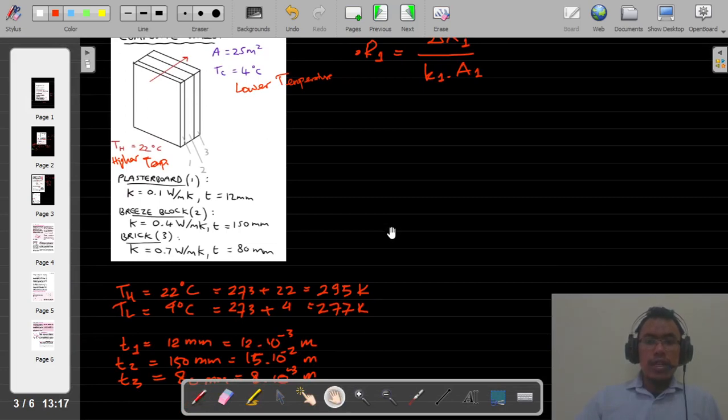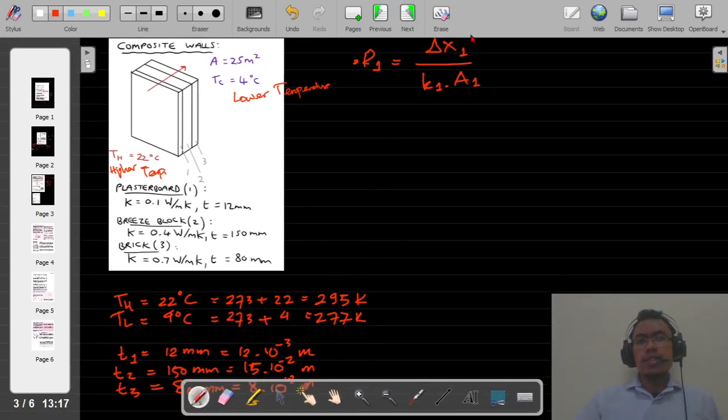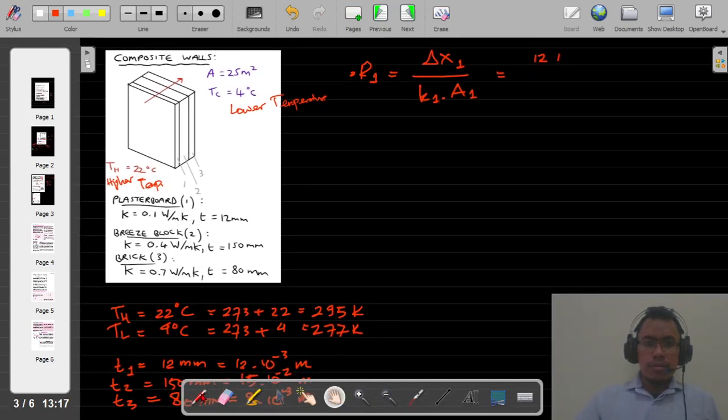So the delta x, or the thickness, of the first material is 12 times 10 to the power of minus 3, so we have 12 times 10 to the power of minus 3 divided by the first k.